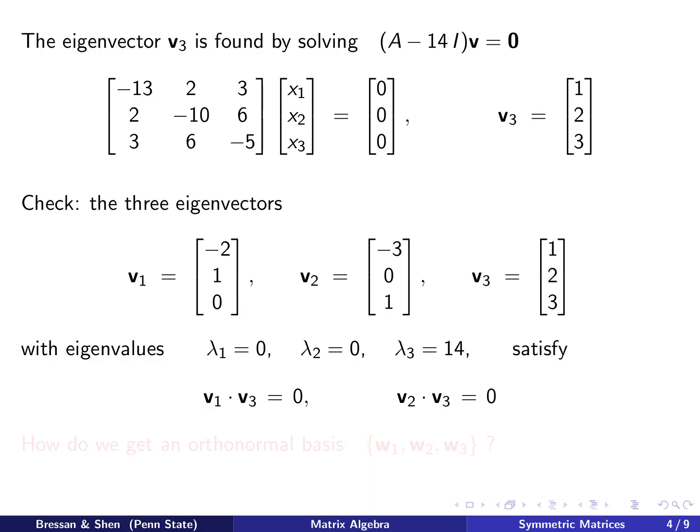Now let's check if the three eigenvectors are actually perpendicular to each other. So we have three eigenvectors, v1 and v2 and v3, and the eigenvalues lambda 1 and lambda 2 and lambda 3. One can easily verify that v1 and v3 are perpendicular by carrying out the inner product.